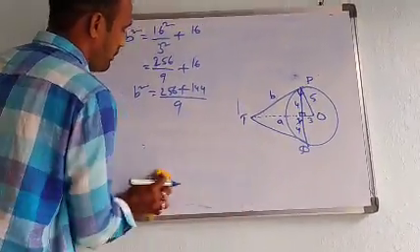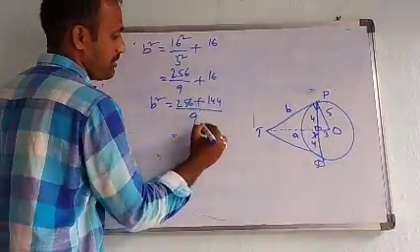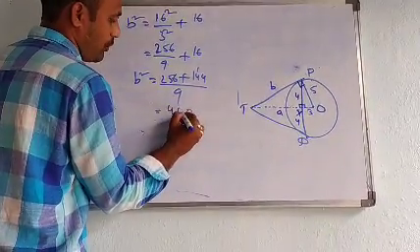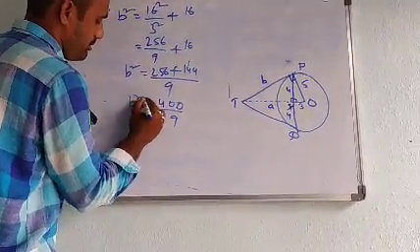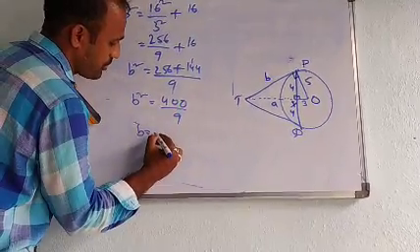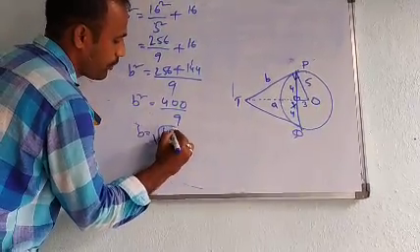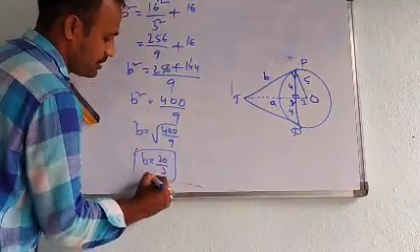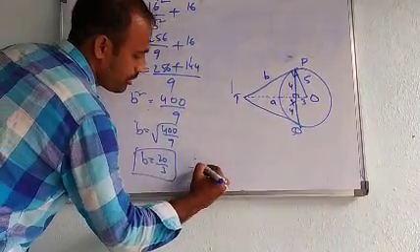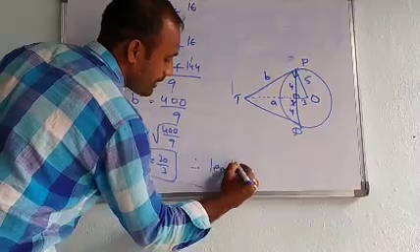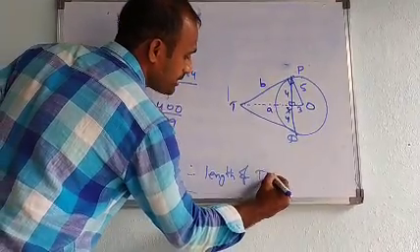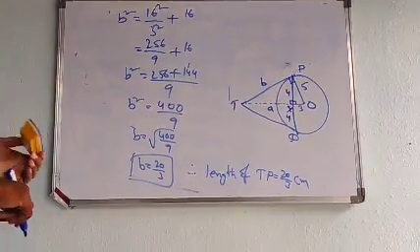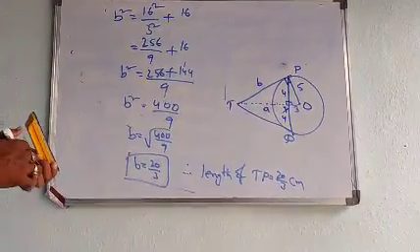So B square value will be 400 by 9. So B will be the square root of 400 by 9, which is nothing but 20 by 3. So this is the required length. Therefore, the length of TP is equal to 20 by 3 centimeters. Thank you for listening to the class.